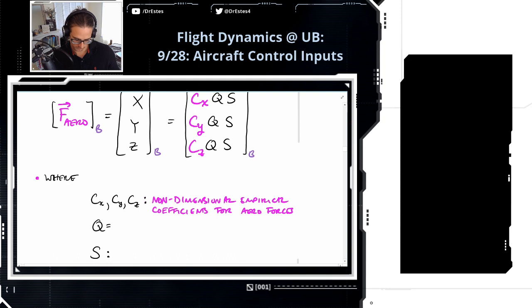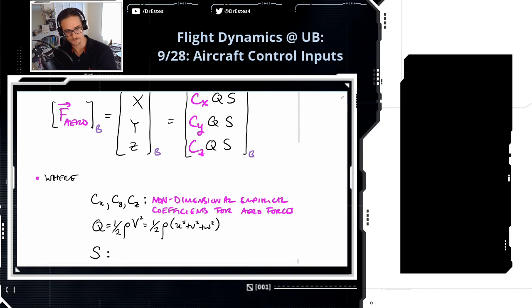Q. Well, let's write mathematically what it's equal to first. But this is dynamic pressure. 1/2 times the air density times the velocity squared. So we can write that inertial velocity in terms of the projected body frame components, like U, V, W. That's the inertial velocity in the body frame.